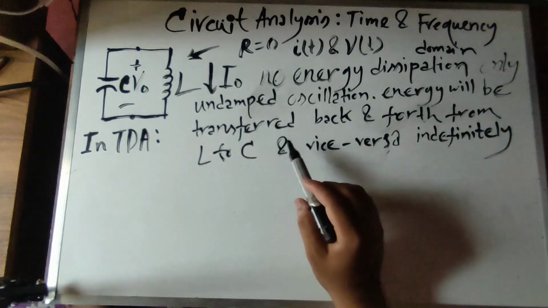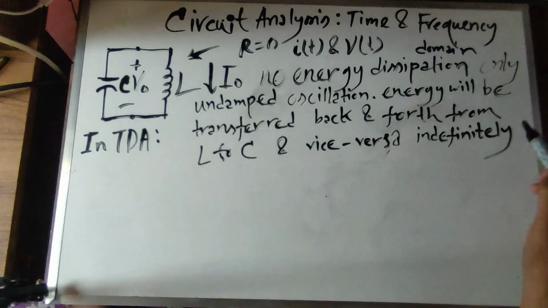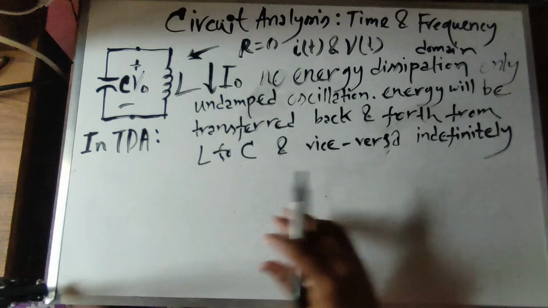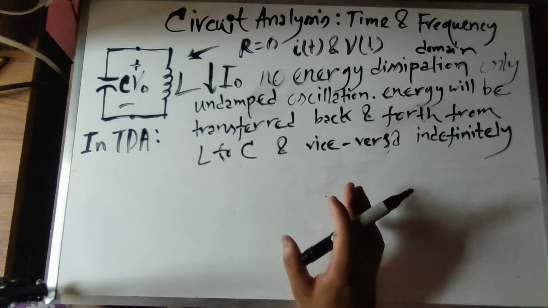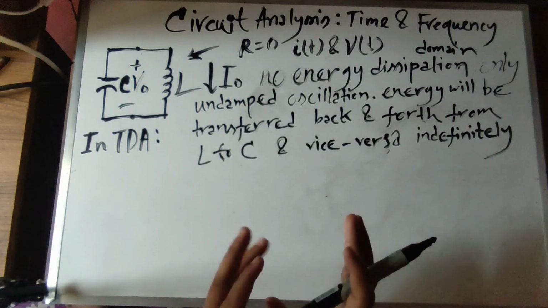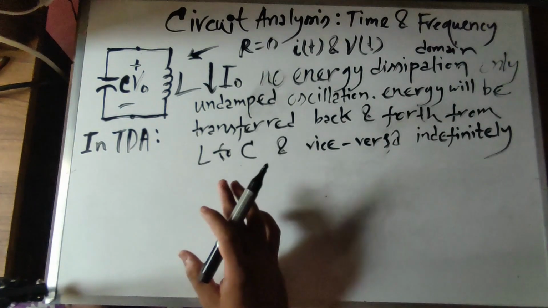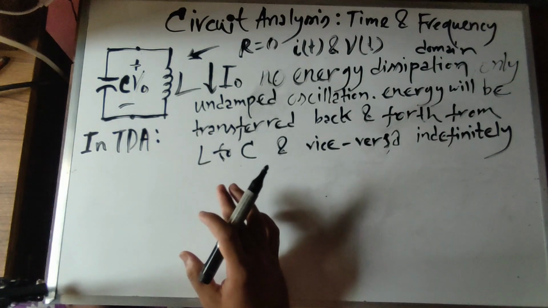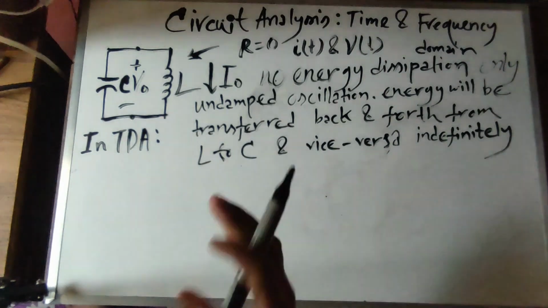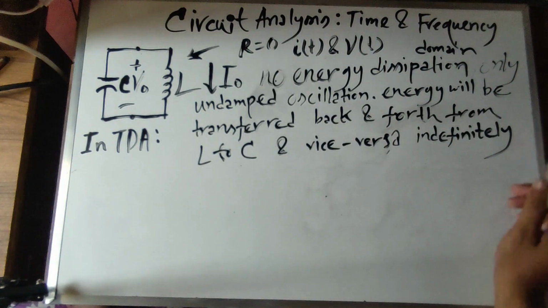Energy will be transferred back and forth from L to C and vice versa indefinitely. This is the basic result we have predetermined. Now let us derive the equation and test our statements.